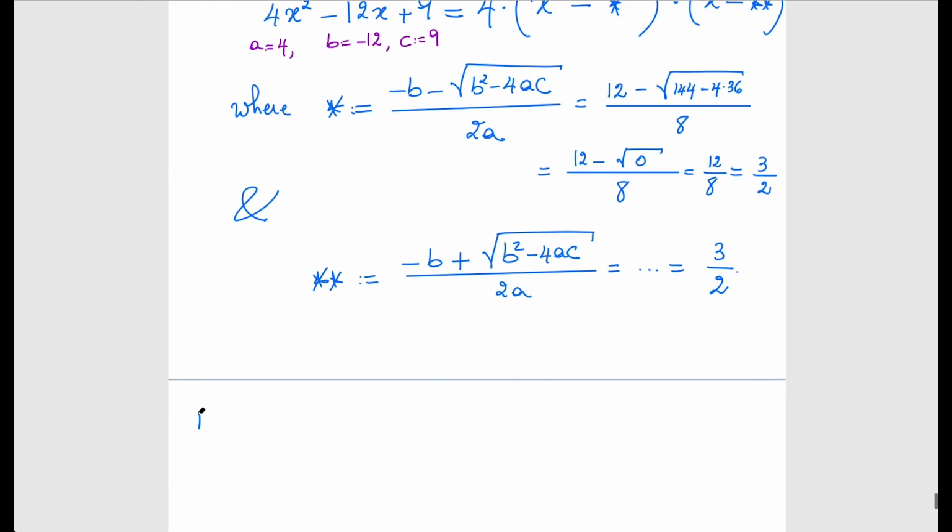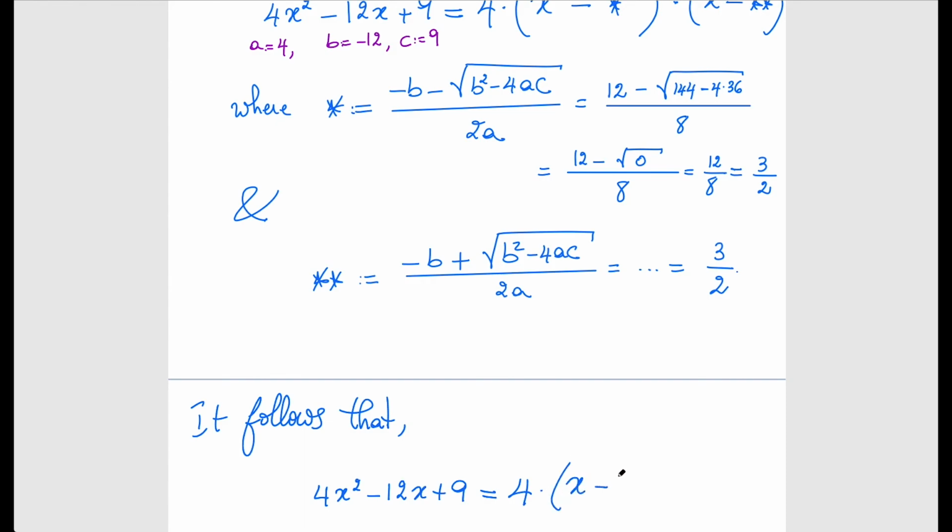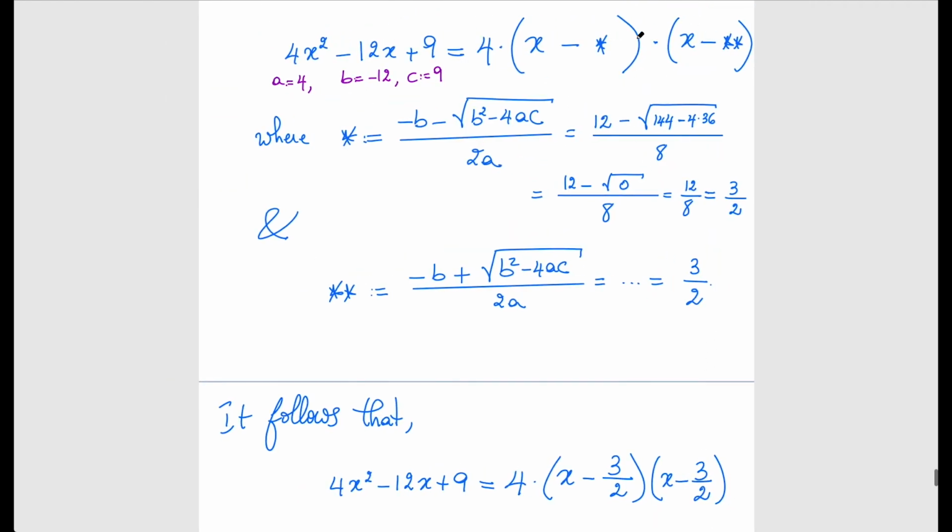So it follows that 4x squared minus 12x plus 9 is equal to 4 times x minus 3 over 2 times x minus 3 over 2. Instead of asterisk I put 3 over 2, and instead of double asterisk I also put 3 over 2, because these are the values of those.